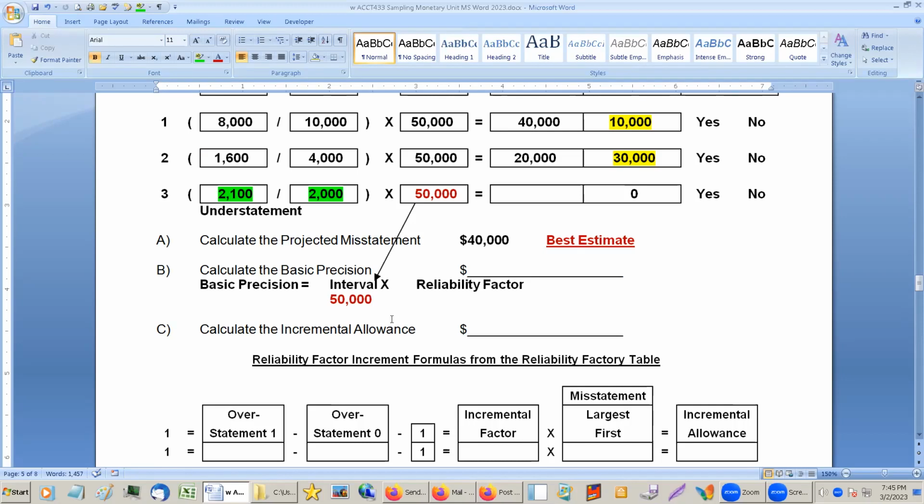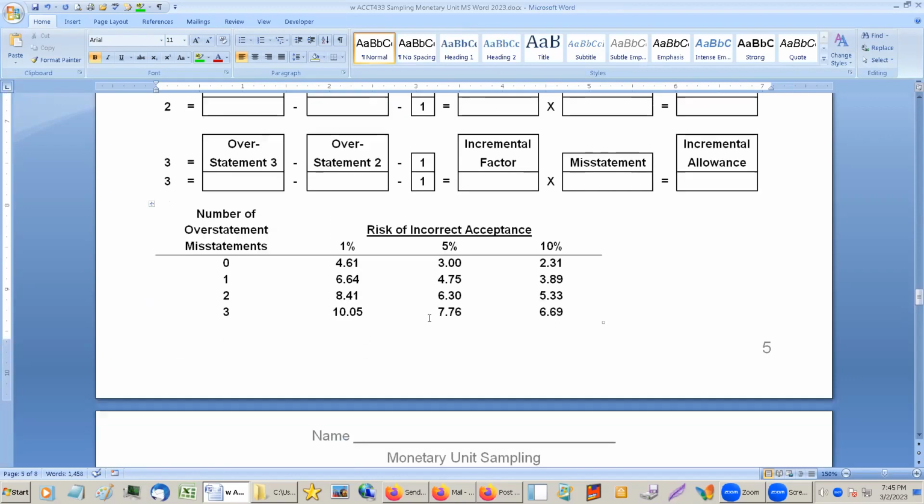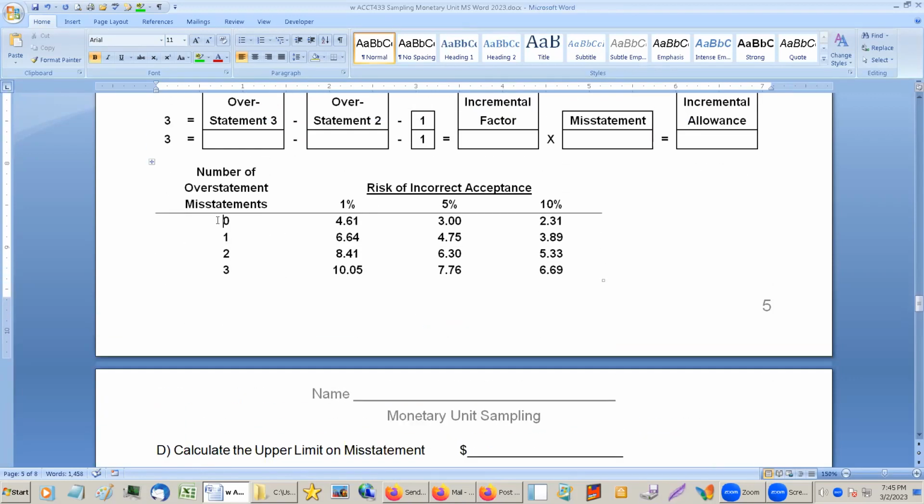And we're going to multiply that by our reliability factor. For basic precision, we use the reliability factor at 0 overstatements.